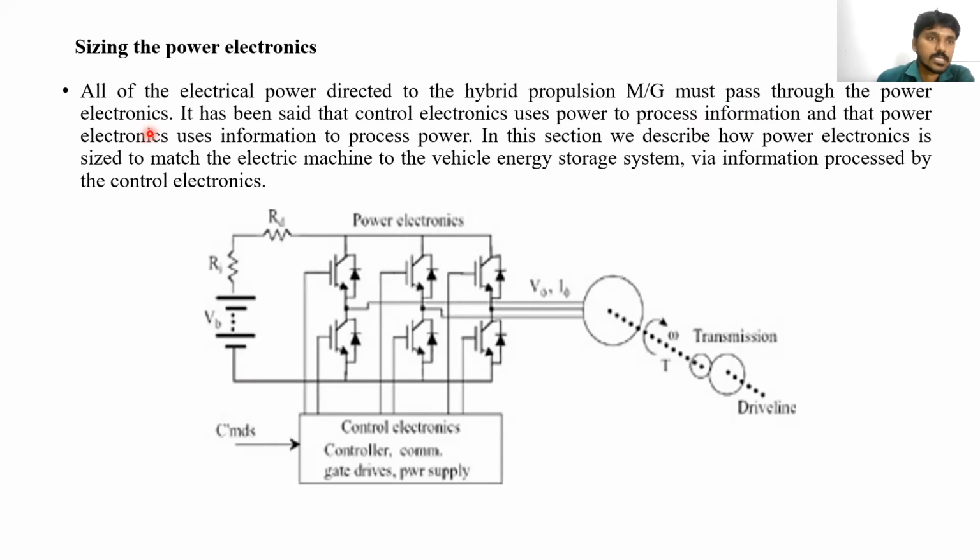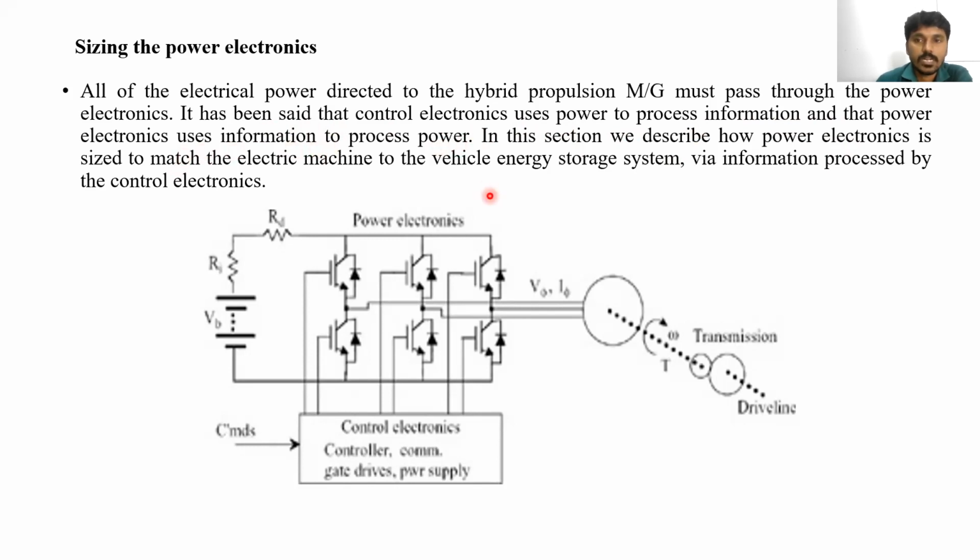All the electrical parameters, maybe voltage, current, power and so on, must be applied to the motor or generator set through the power electronic converter system. It has been said that control electronics uses power to process information, and that power electronics uses information to process power.